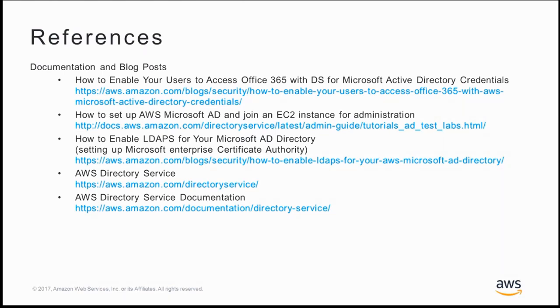We also have a link on how to enable LDAPS with your Microsoft AD directory. The purpose of this one isn't necessarily LDAPS, but it tells you how to set up the Microsoft Enterprise Certificate Authority so that you could do automatic certificate registration on your ADFS server rather than having to import from a different certificate authority. And then we have the main web page for AWS Directory Service to learn more about the product, as well as our main documentation link for AWS Directory Service documentation.